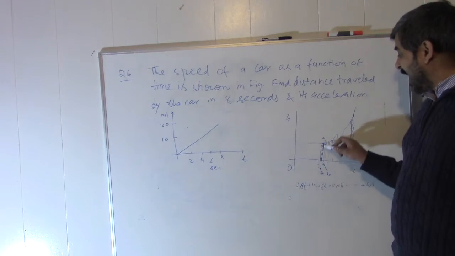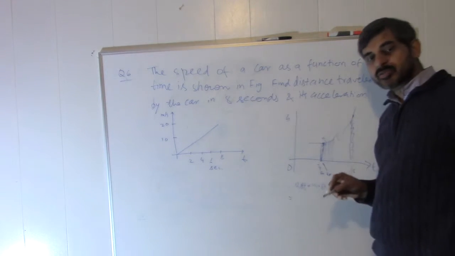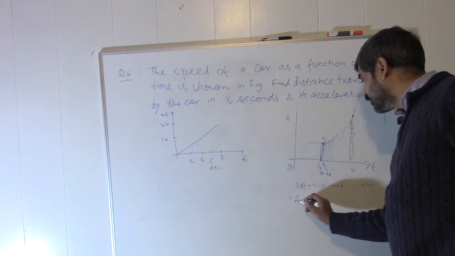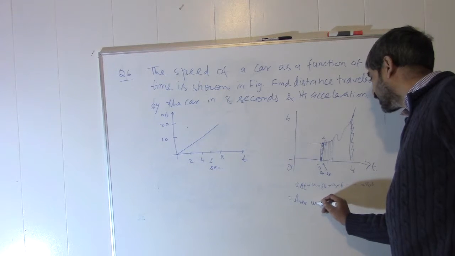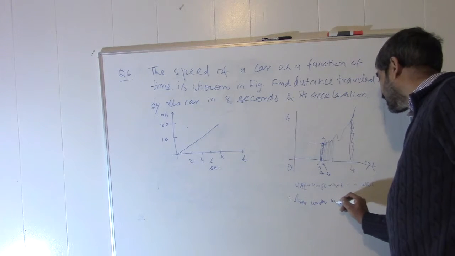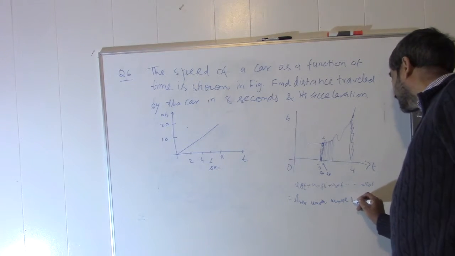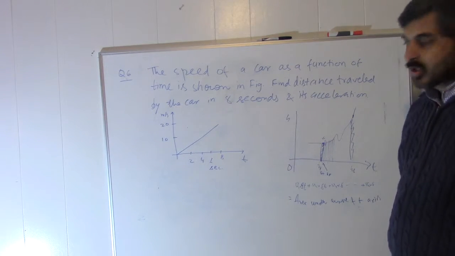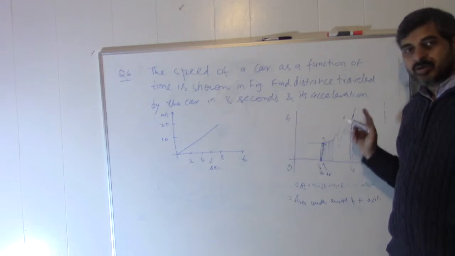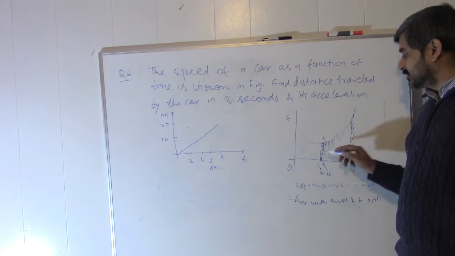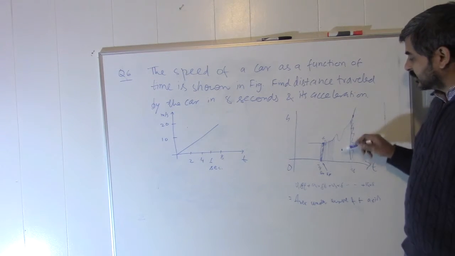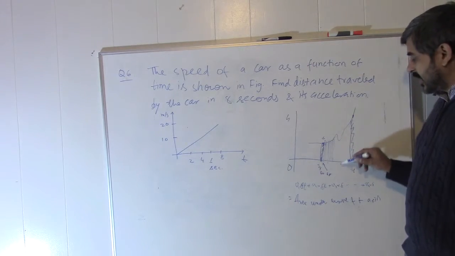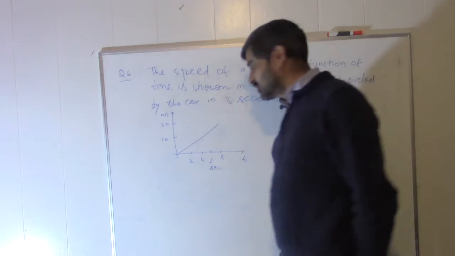If we add up all of them, this gives the area under the curve and the time axis. With this method, you can find the distance traveled by just looking at the area under the v-t graph. Now let's come back to this problem.